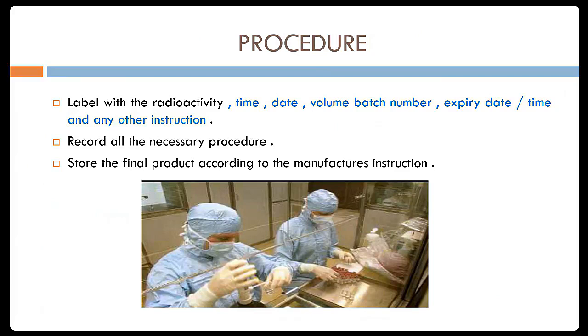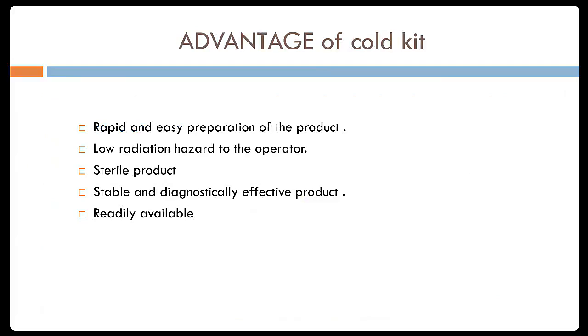After that, we store it as the manufacturer has said. The advantages of this cold kit are that we can easily make it, it's readily available, there is low radiation hazard to the operator, the products are sterile and stable, and it's possible to use for diagnosis.